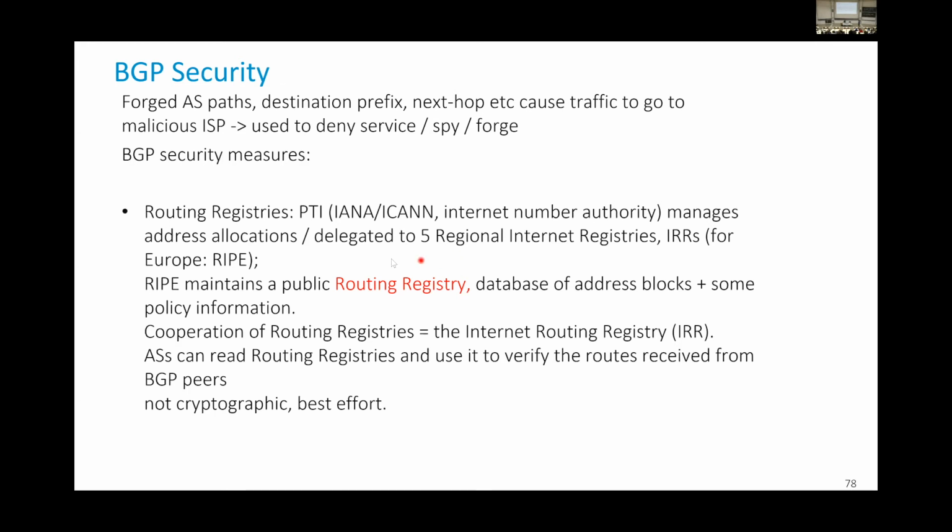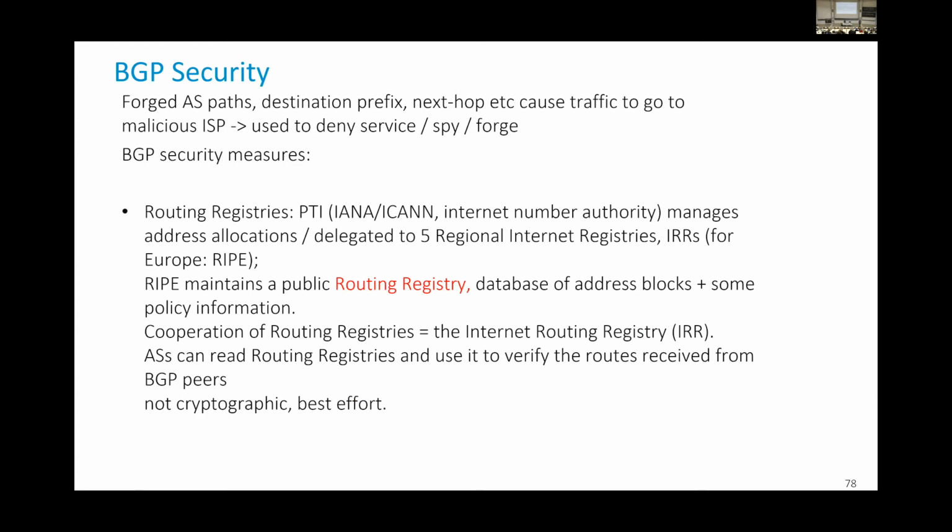For example, in Europe, it is RIPE, which receives, for example, the EPFL addresses, the address you may have at home from your provider. They are part of blocks that were allocated to Europe. So RIPE maintains a routing registry of who owns which block of addresses. And this Internet Routing Registry, the collection of all this information, can be read by all providers.